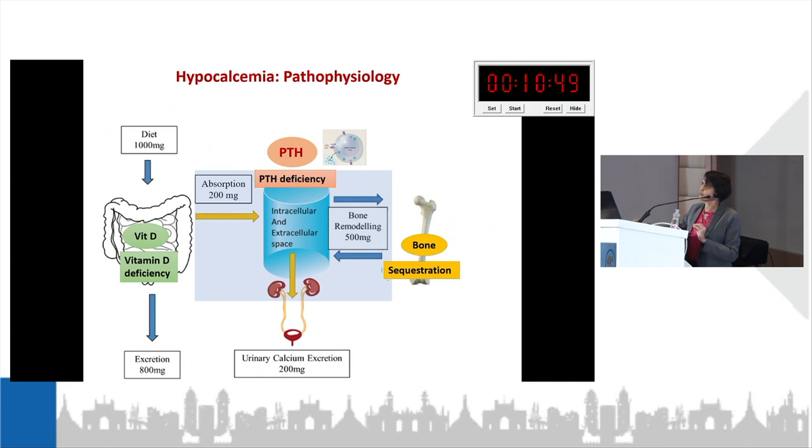A state of hypocalcemia will hence emerge in any state which disturbs vitamin D, its availability or its metabolism, parathyroid hormone availability or its action profile, and bone, which suddenly starts sequestering calcium with or without phosphorus.